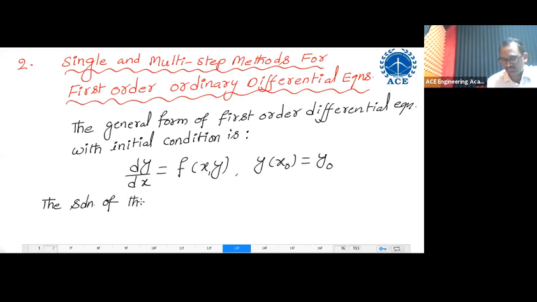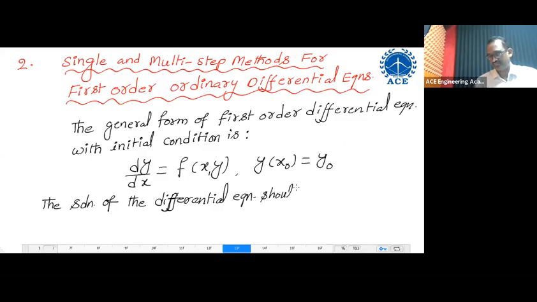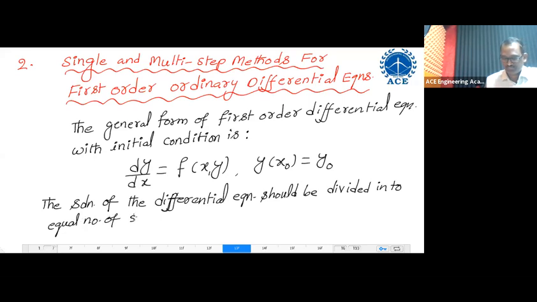The solution of the differential equation should be divided into an equal number of subintervals.